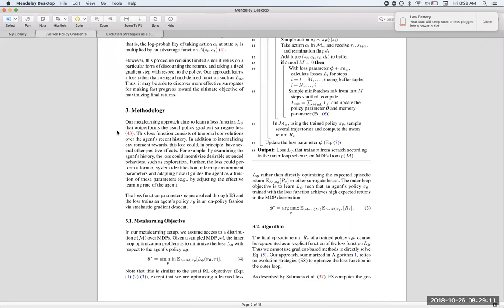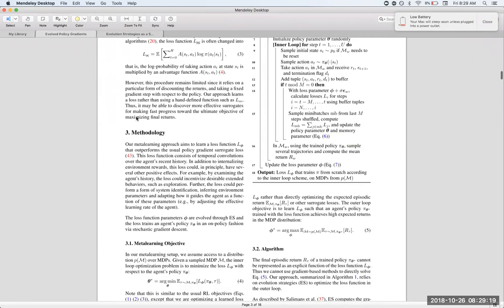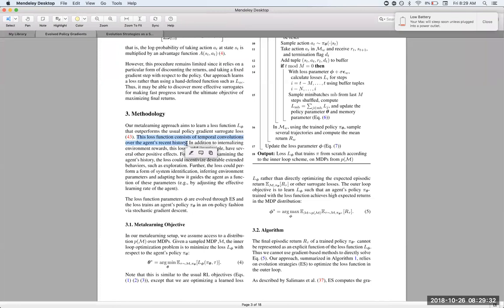And it's hoped that it's going to outperform the usual policy gradient surrogate loss functions 2 and 3. This loss function L phi consists of temporal convolutions over the agent's recent history. I find it kind of an interesting concept.